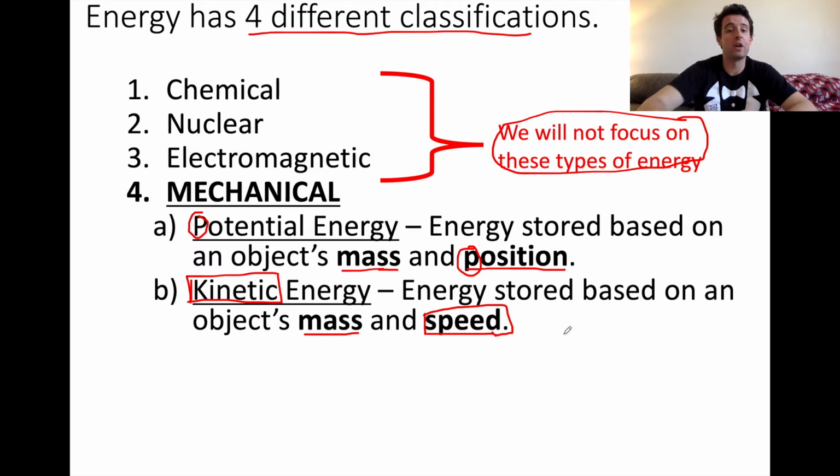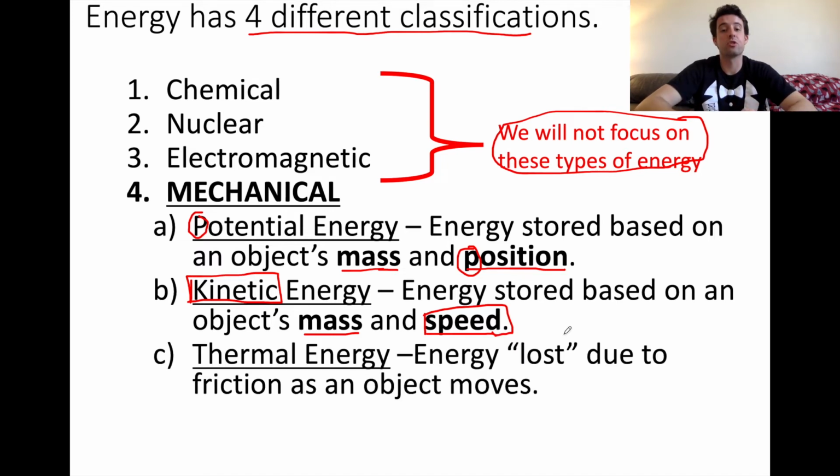The last type of energy we're going to talk about is thermal energy. So when you think thermal energy, I want you to think of this word right here, friction. Thermal energy is energy lost due to friction as an object moves. So anytime we're moving in the real world, there's going to be friction produced.